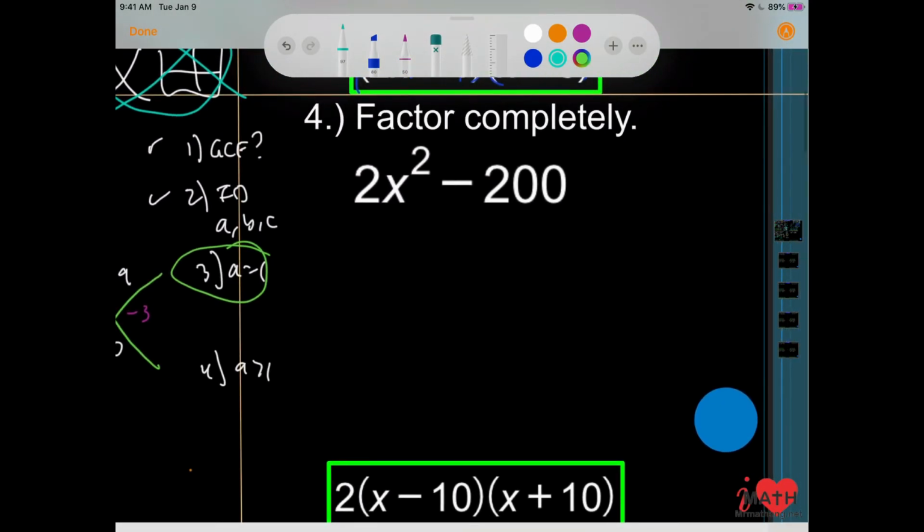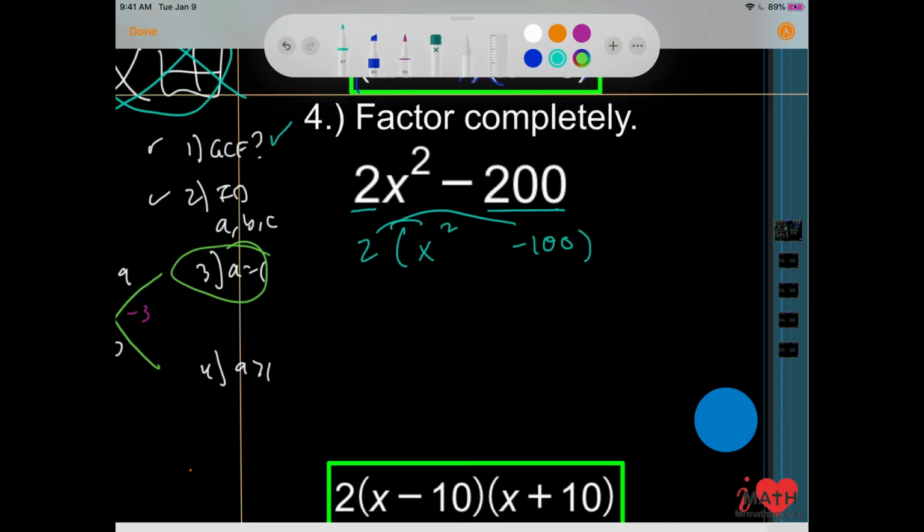And the last question, let's do the same thing. Greatest common factor. I see that this is even and this is even, so we can pull out a 2. 2 times something, that's x squared, equals 2x squared. 2 times something equals -200. Well, that's -100.